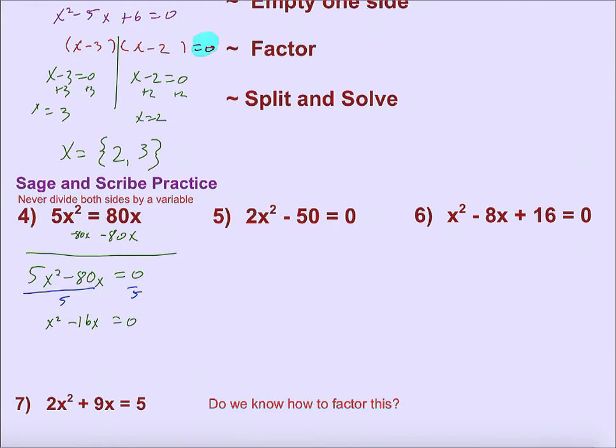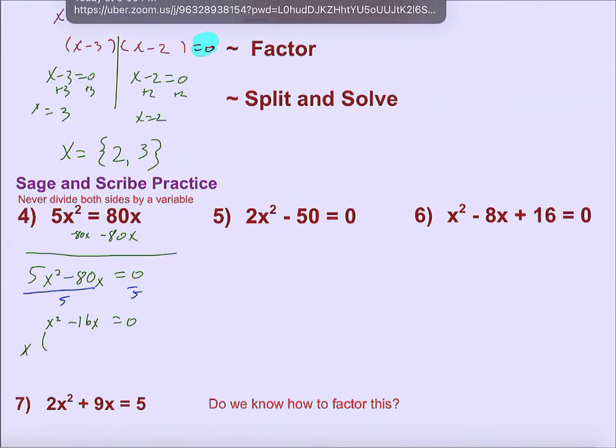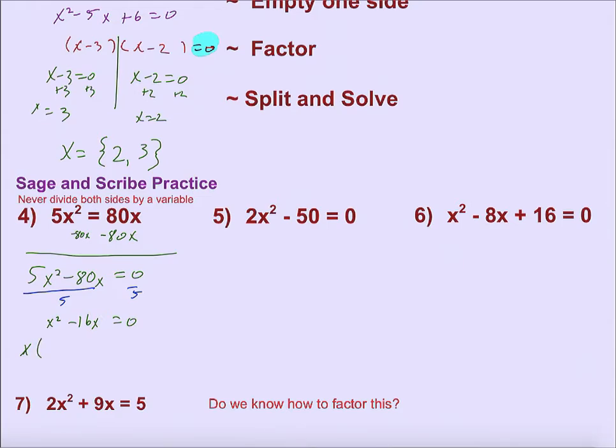And so now I'm factoring. Remember, it's always easier to factor when there's no lead coefficient. So that's helpful for us. This factoring is a little bit different. Remember, we had a couple of different ways to factor. The first one we learned, the easier one, is helpful here, because there's a GCF to pull out. I can undistribute the x, and that would be x times x minus 16 equals 0.